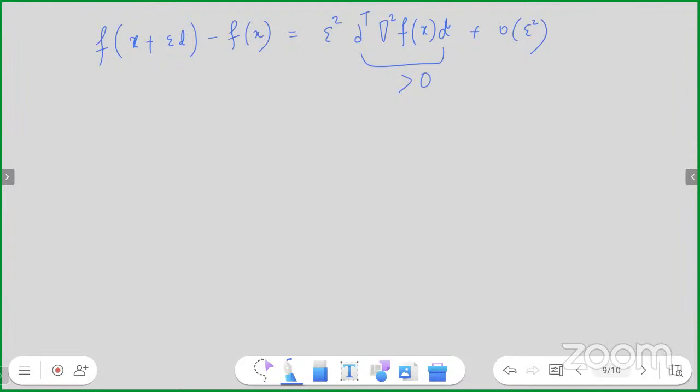What are you doing? First of all, you're adding, let's say, g of epsilon and plus a g of epsilon, where g of epsilon is order epsilon square or little o of epsilon square. Okay, now what? By adding and subtracting, what have we achieved?